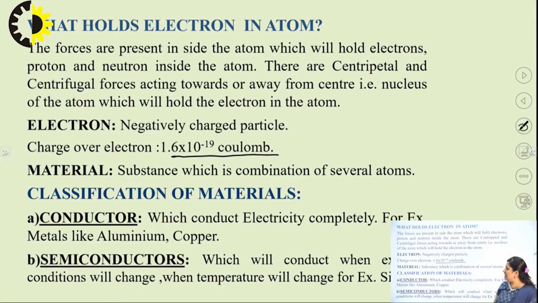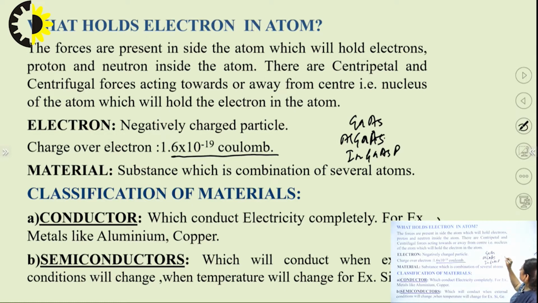So what is material? As I have told you, we have to design or create a semiconductor material. It can be of gallium arsenide type, aluminum gallium arsenide type, or a quaternary semiconductor, indium gallium arsenide phosphide.